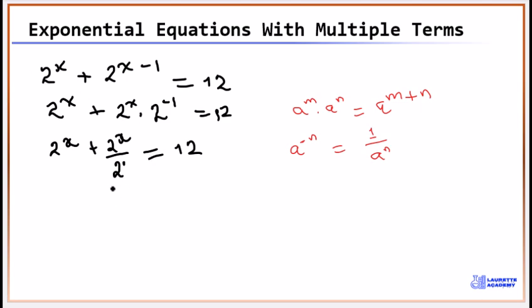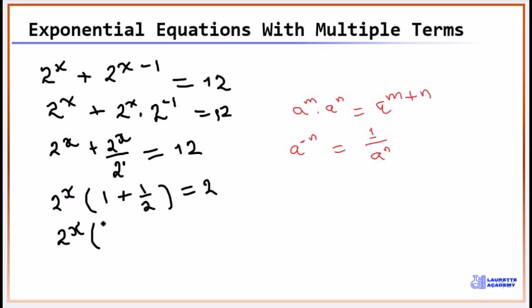Here we can factor out 2 to the power x, so we'll have 2 to the power x times 1 plus half is equal to 12. 1 plus half is 3 over 2, because when you cross multiply, we have 2 times 1 is 2, plus 1 is 3, divided by 2 times 1, which is 2.